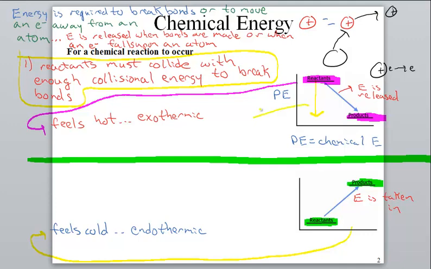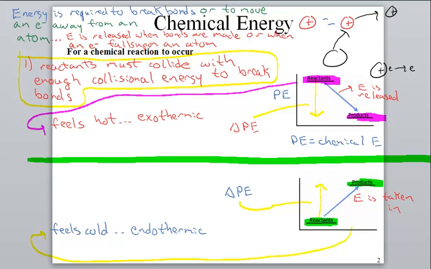Shown there, that's the change in potential energy. For the endothermic reaction, if we were going to label it from reactants to products, there's the change. And if we knew what reaction it was, we could give an exact number for the change in potential energy.